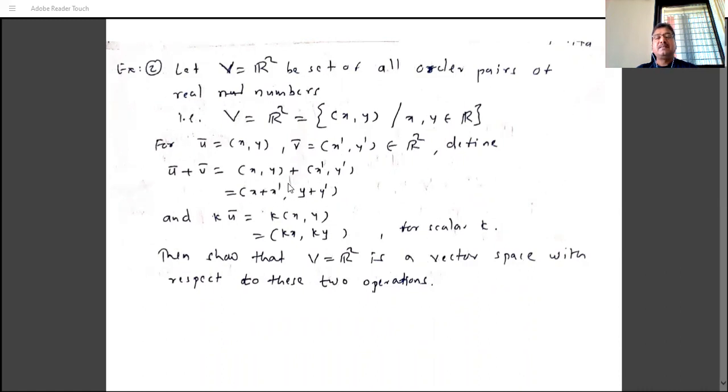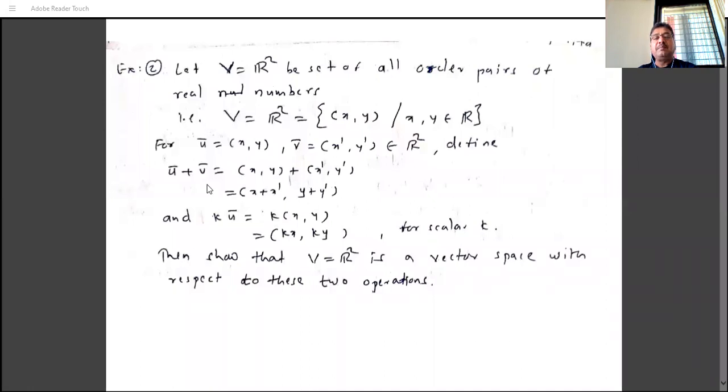That is the addition of corresponding coordinates, the x coordinates and the y coordinates. This is the usual addition of ordered pairs. Suppose k is any scalar, then k into u bar is k into (x, y), which is (kx, ky). This is again the usual scalar multiplication in R square.